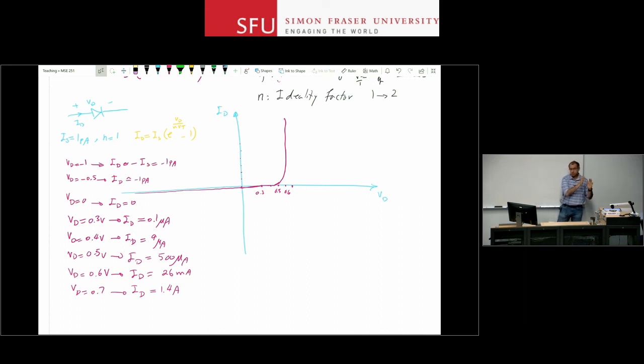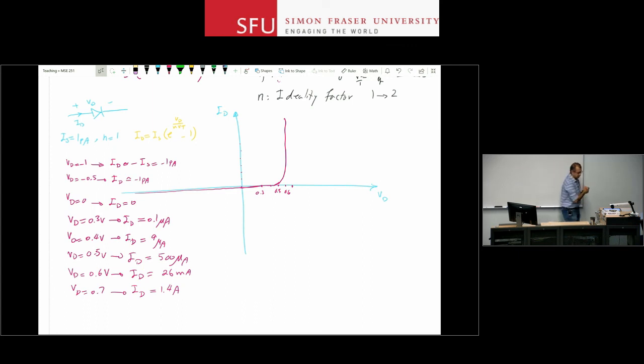But once you're past that knee, once you're past that exponential growth point, you basically have an unlimited allowance for current. Any current can flow through this device without much change in the voltage drop. It looks like an ideal diode whose characteristic curve is shifted to the right and maybe a tiny bit up.